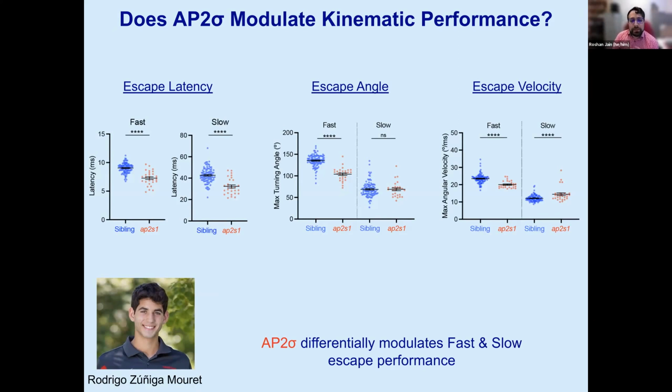In the case of the FHH disorder in humans, that's been linked to a very specific target that the sigma subunit binds to. And so we were interested to figure out whether this might similarly reflect a specific target of sigma, or whether the entire complex is required.